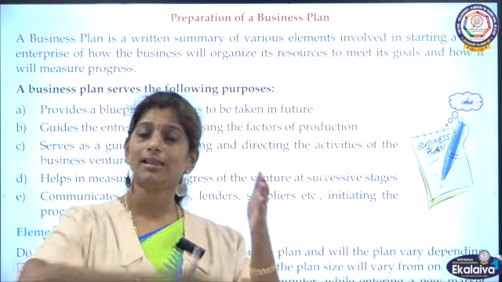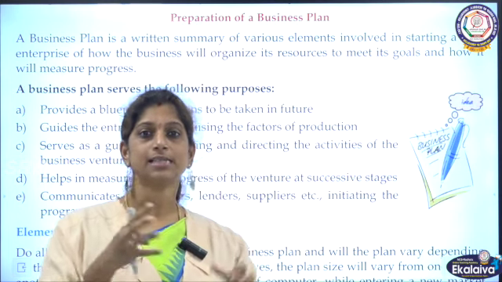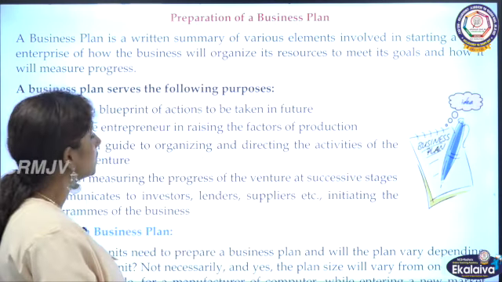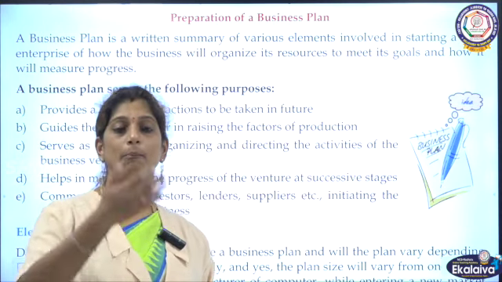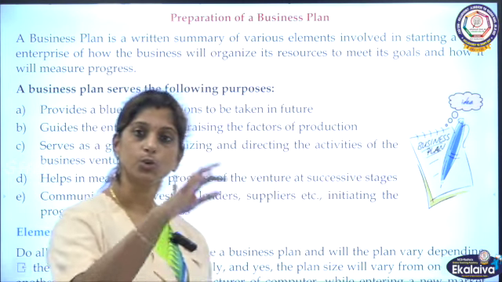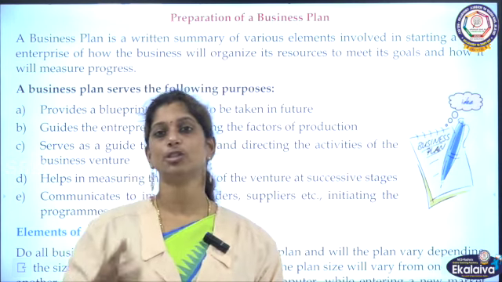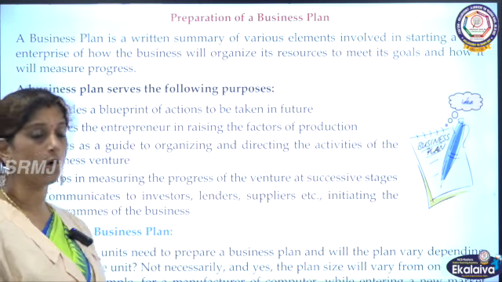Like this, all the activities of the business are written as a summary, and we call it a business plan, right? It will be made in such a way that by just seeing the business plan, we can clearly understand how the resources are being organized, how the organization is going to reach its goals, and how it is going to measure its progress.